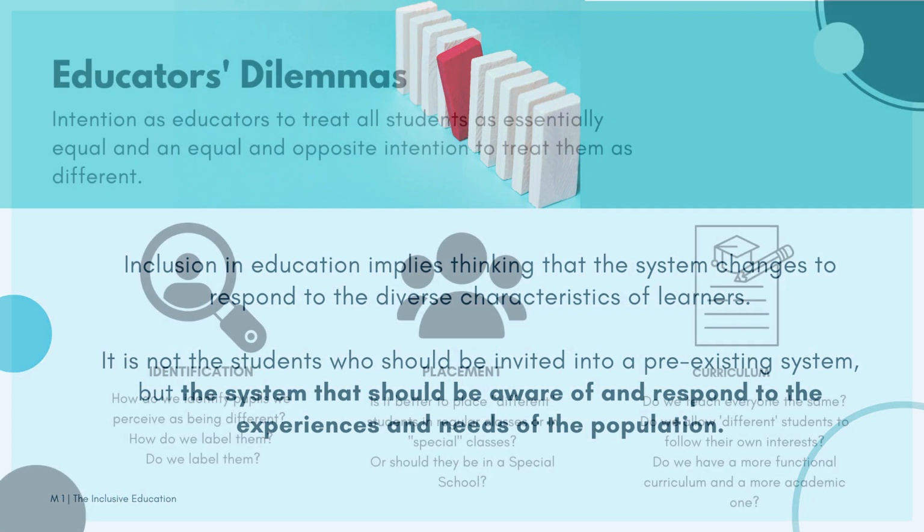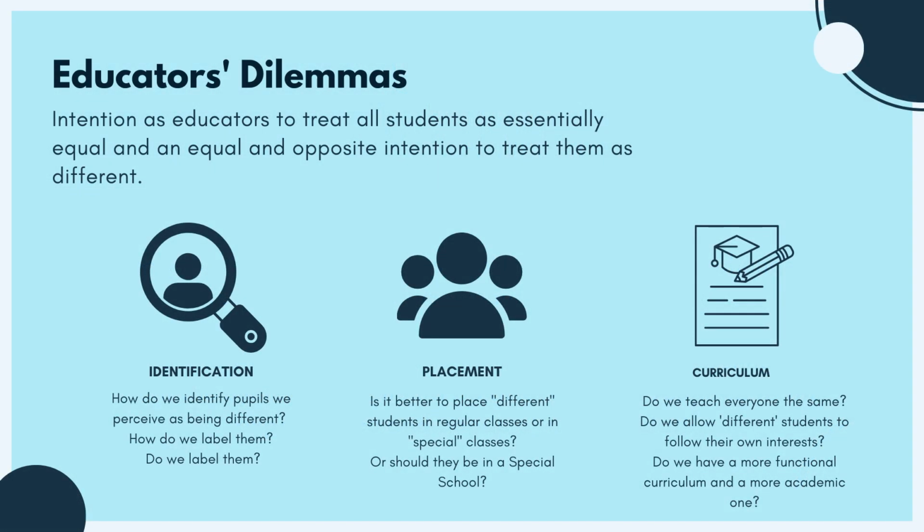Alan Dyson is one of the authors who argues that when we realize that the student is different, this creates dilemmas for us as teachers or educators. The intention as educators that we treat all students equally and with all equal intention is opposed to treating them differently and uniquely.